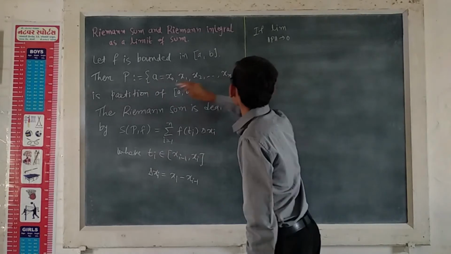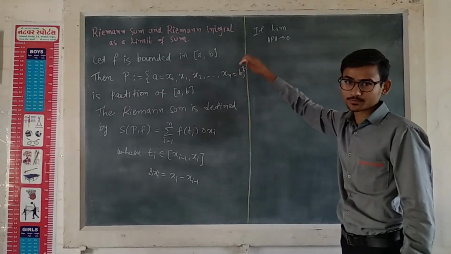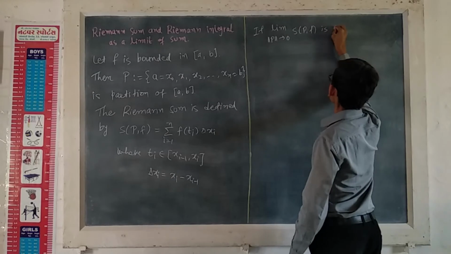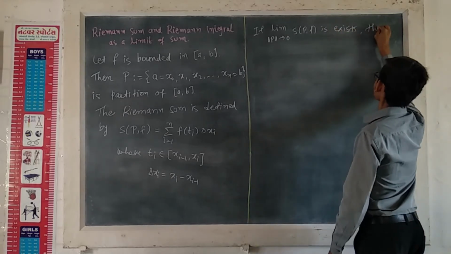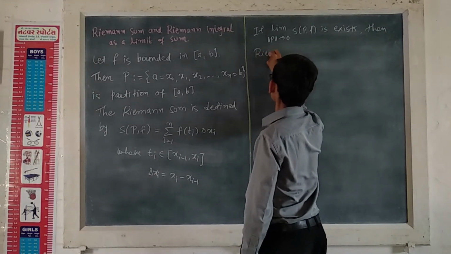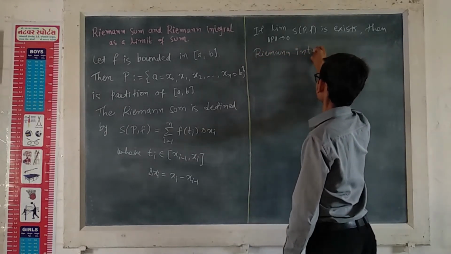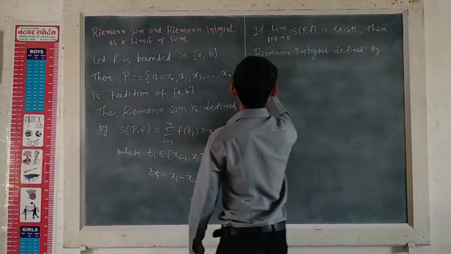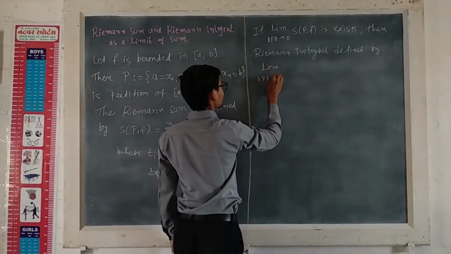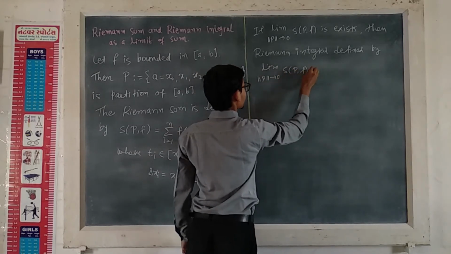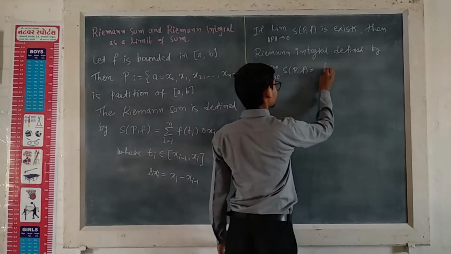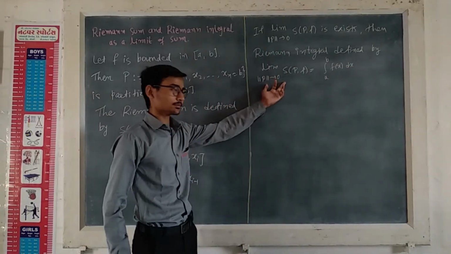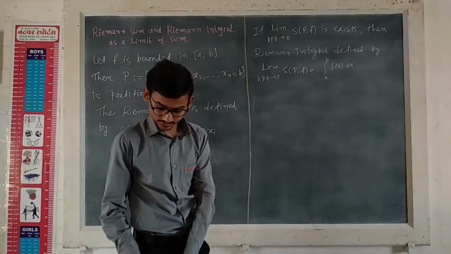P is a partition. The norm of the partition is the maximum length of a sub-interval. If the limit of S(P, f) exists, then the Riemann integral is defined by limit norm P tends to 0 of S(P, f) is equal to integration a to b f(x) dx. આની જે તમે લિમિટ ફાઇન્ડ કરો એ ઇન્ટિગ્રેશન ની વેલ્યુ મળશે.